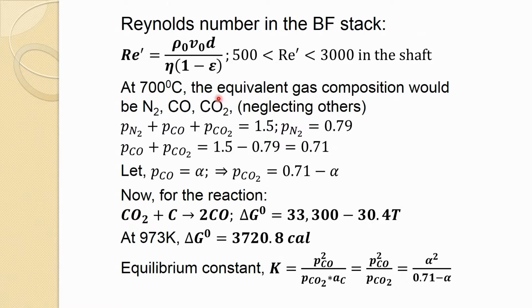and you know these gases we are getting by combustion in presence of air. So, in air you have partial pressure of nitrogen about 0.79. If we substitute this, we get the partial pressure of CO and CO2 together about 0.71.